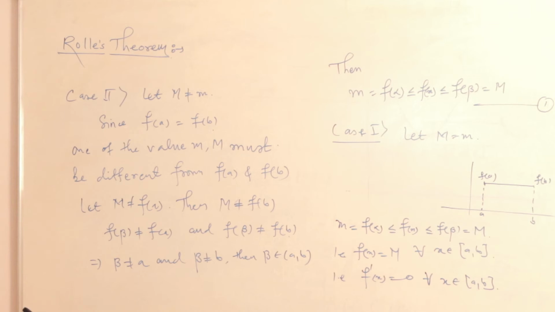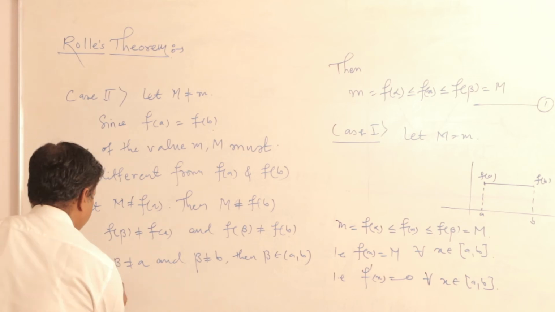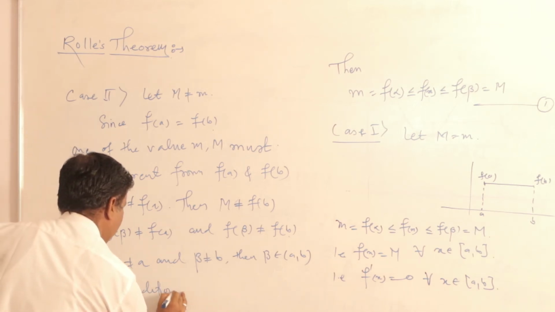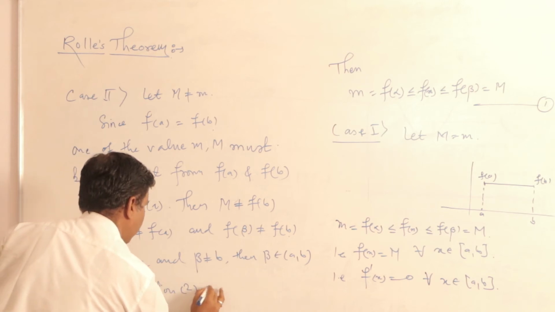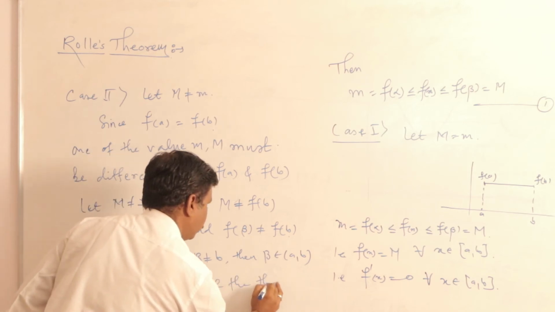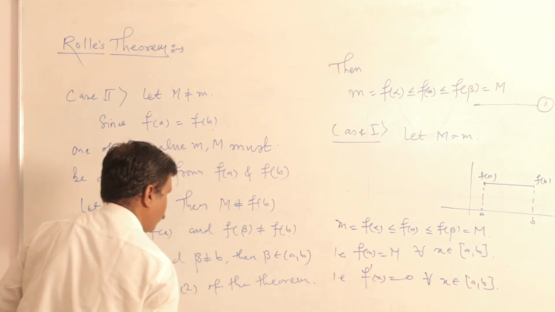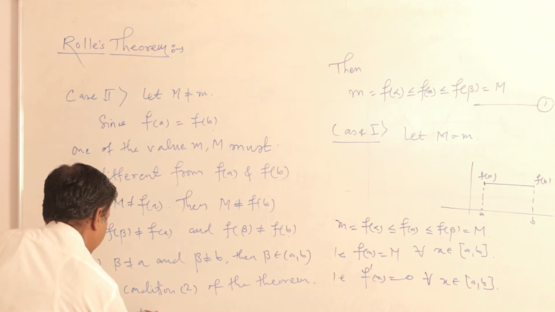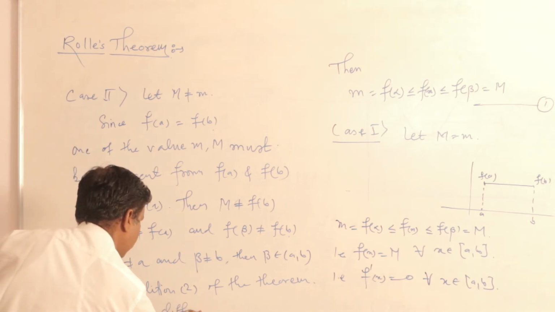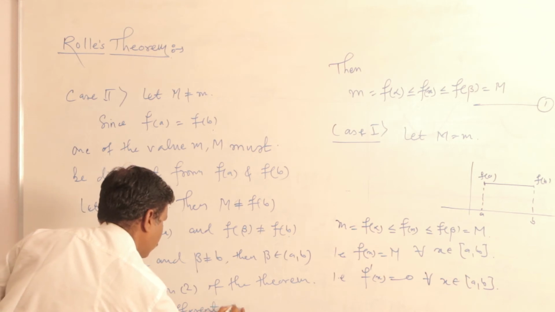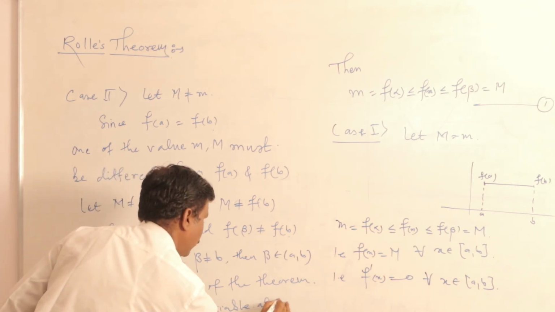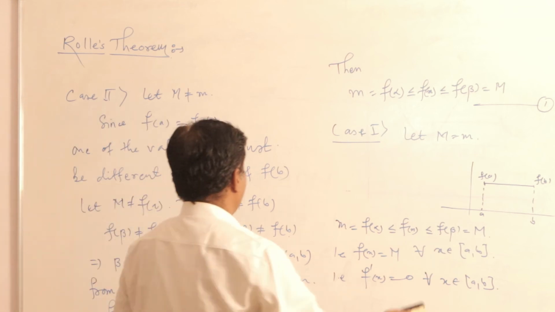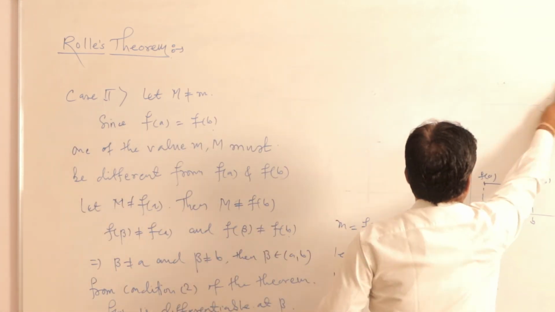So from the second condition of the theorem, f of x is differentiable at beta. The function is differentiable at point beta.